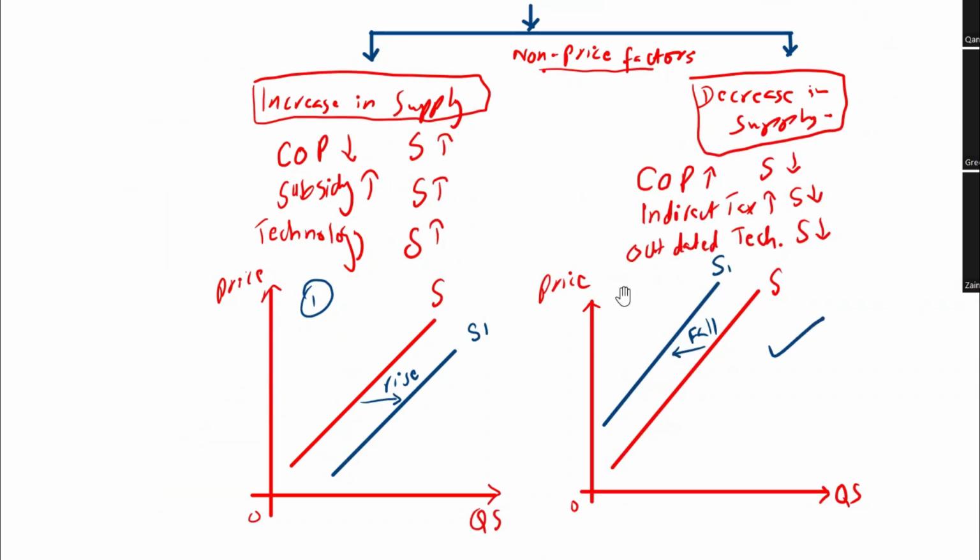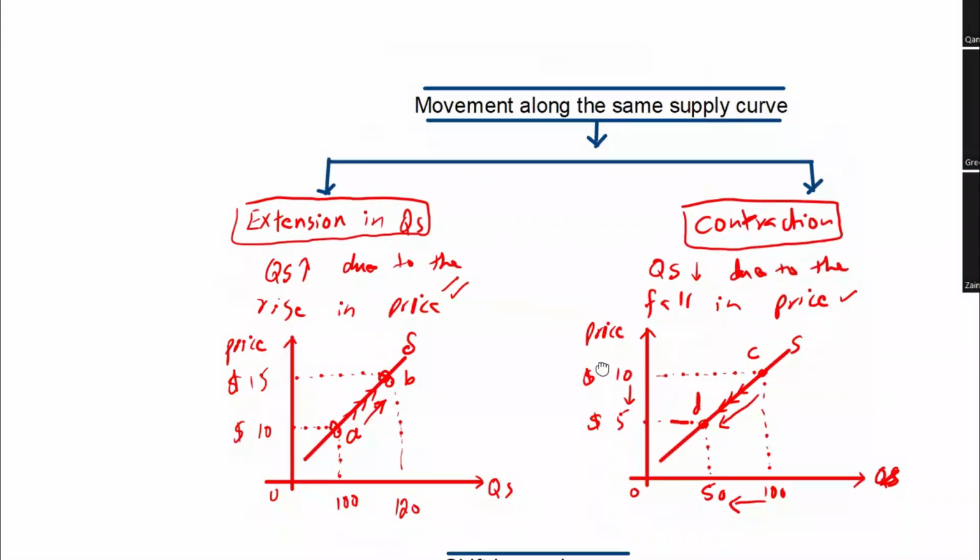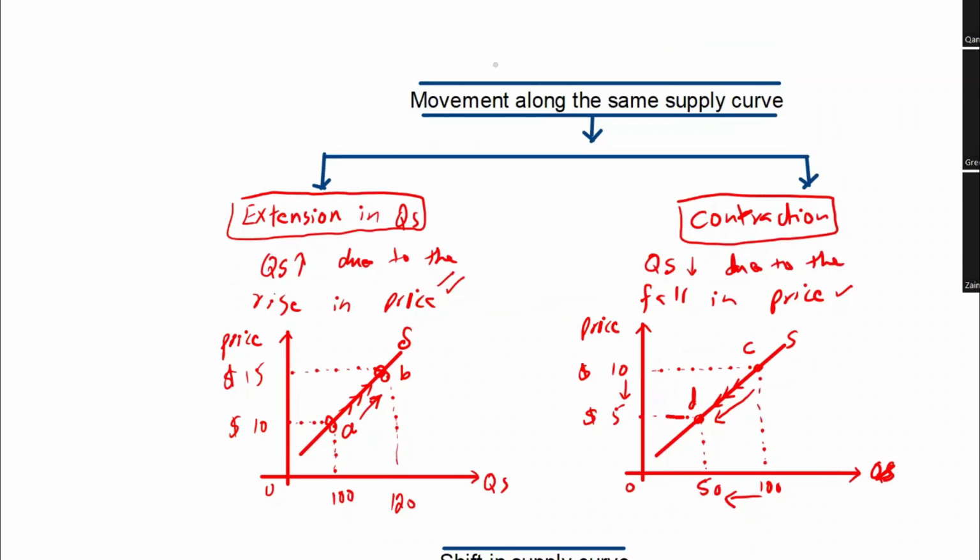And both increase and decrease in supply are caused by non-price factors. Non-price factors are factors such as cost of production, indirect taxes, and technology, and these factors shift the supply curve, right? On the other hand, movement along the same supply curve is caused by a change in only price.